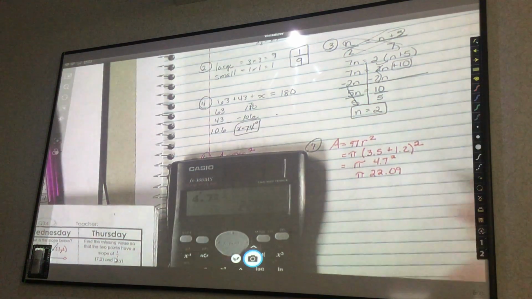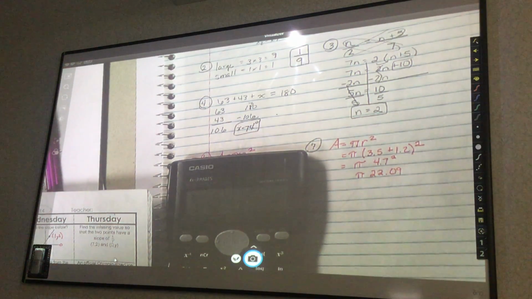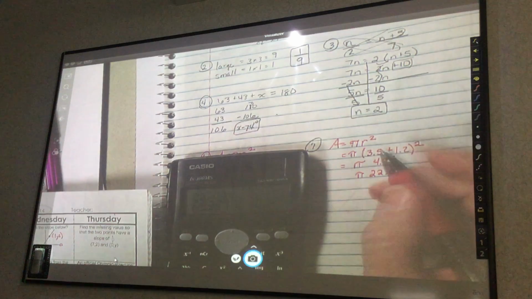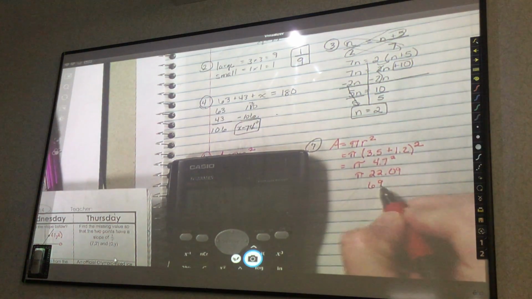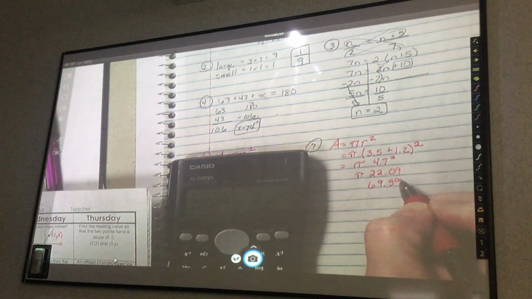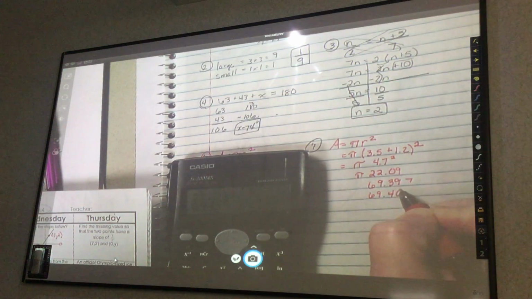I'm going to take this, oops. So 22.09 times the pi button would be 69.39, which actually would be 69.40.